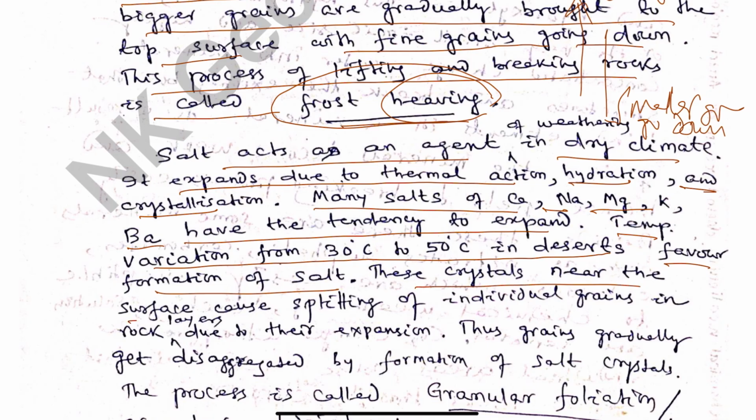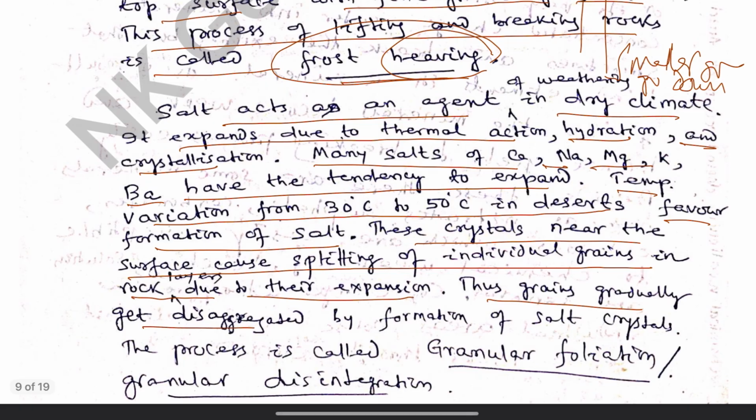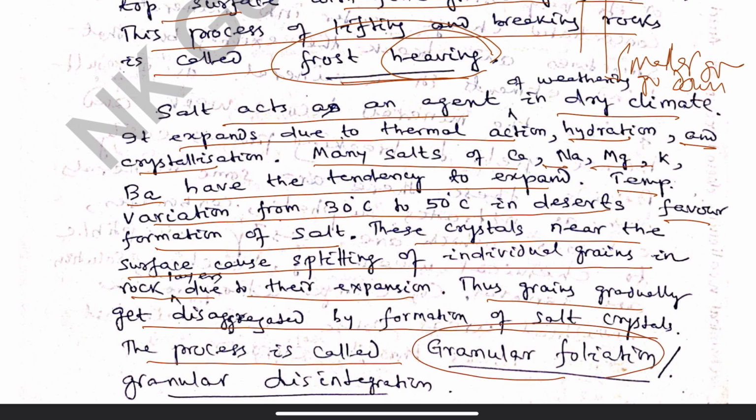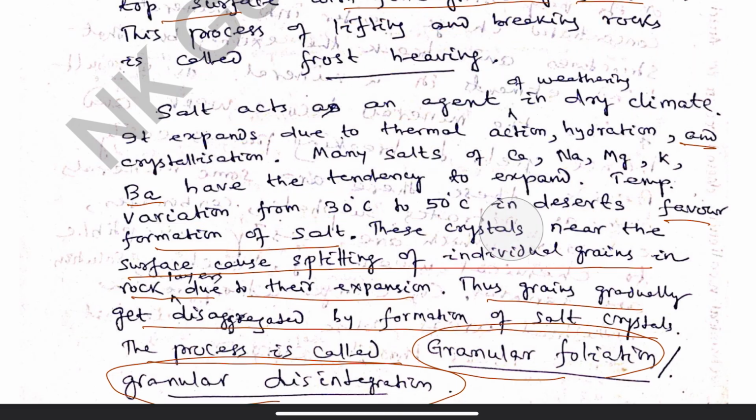These crystals near the surface cause splitting of the individual grains in rock layers due to their expansion. Thus, grains gradually get disaggregated by the formation of salt crystals on the surface. The process is called granular foliation or granular disintegration. It is caused by the formation of salt crystals.